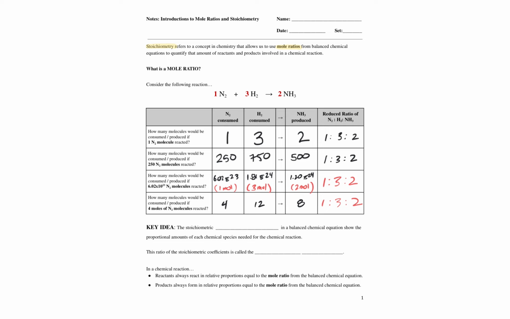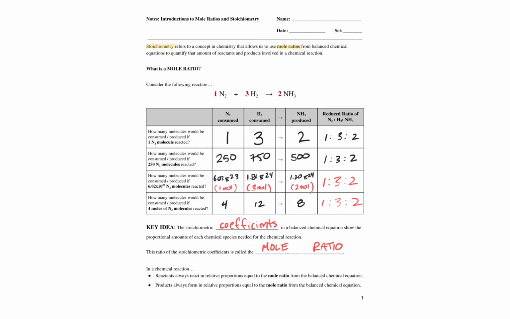The stoichiometric coefficients in the balanced chemical equation show the proportional amounts of each species needed for the chemical reaction. This ratio of the stoichiometric coefficients, the coefficients from the balanced chemical equation, we call the mole ratio. In a chemical reaction, reactants always react in the relative proportions equal to this mole ratio.